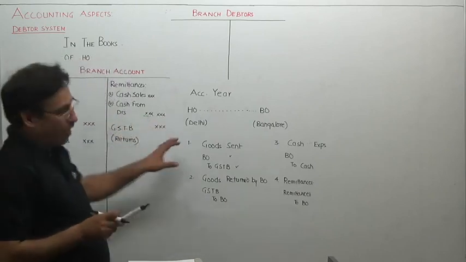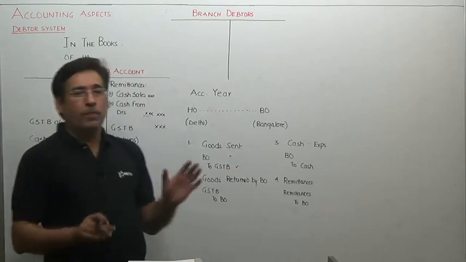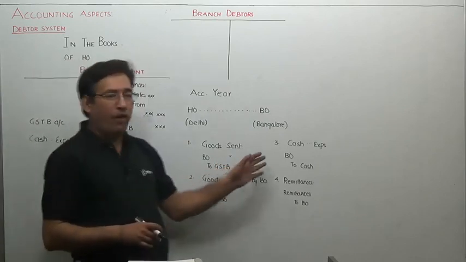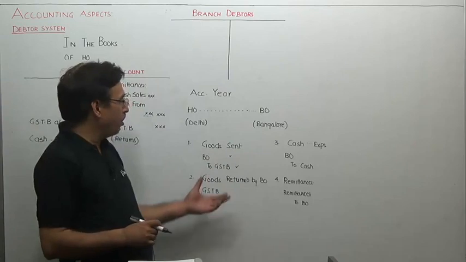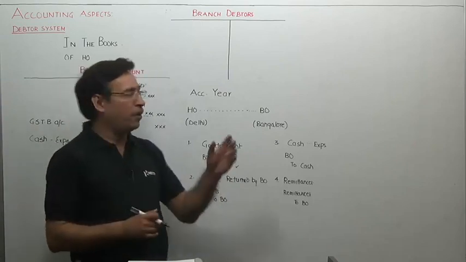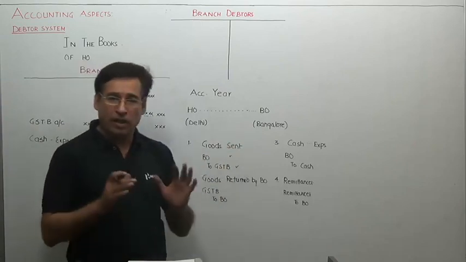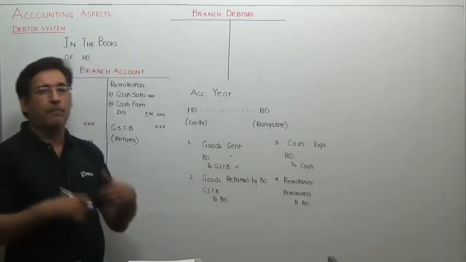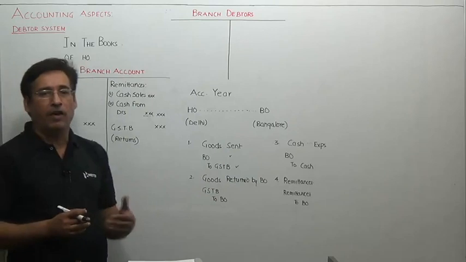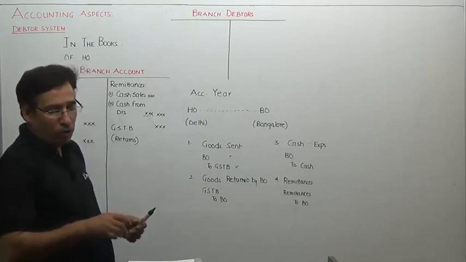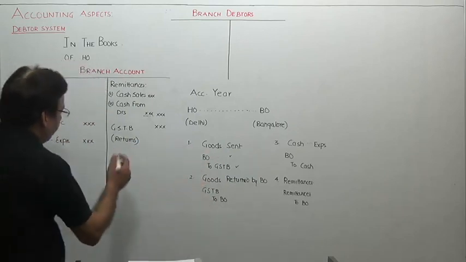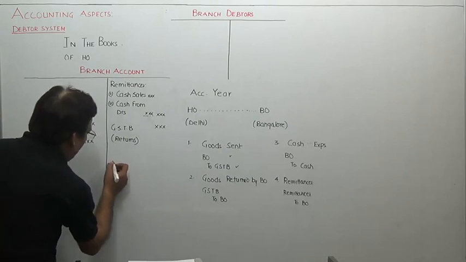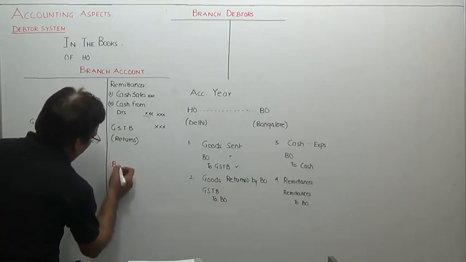So, most of the time, during a particular accounting period, we would find ourselves facing such transactions which are cropping up between head office and branch account. Correct? Now, it is quite obvious that at the end of the year, some balances might be left with branch. So, those balances you will move to the credit side of the branch account and you will write closing balances here.